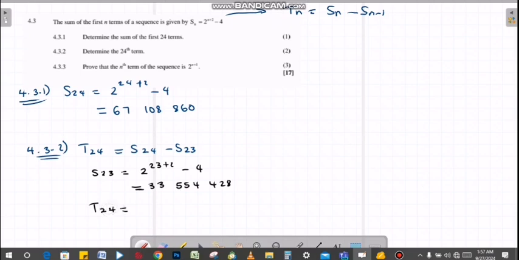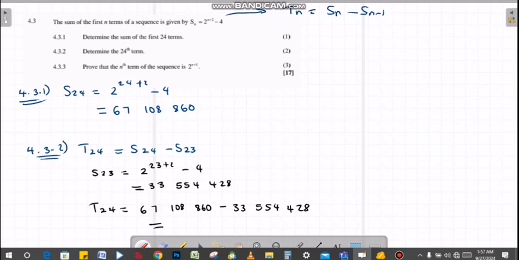T24 is equal to 67,108,860 minus 33,554,428.